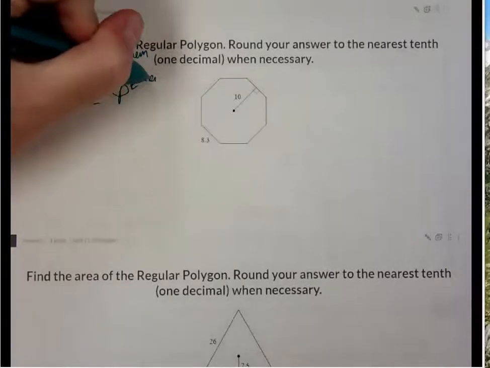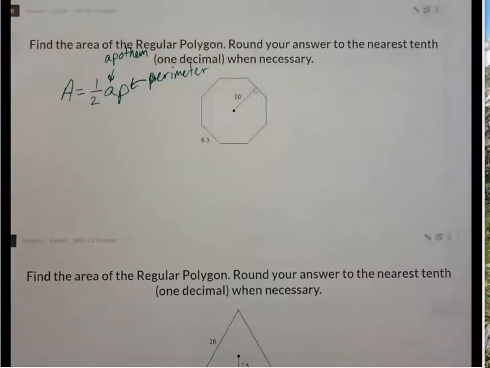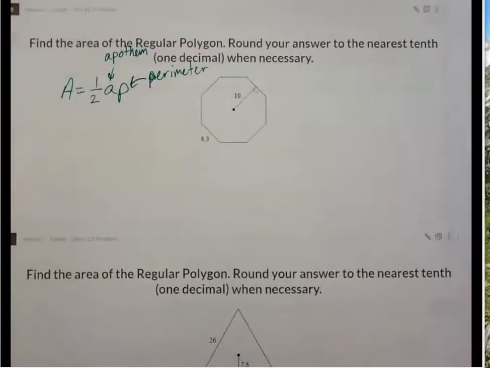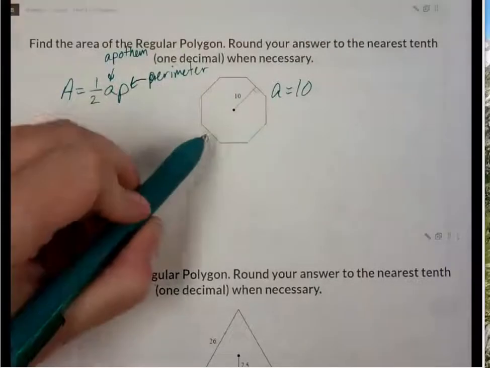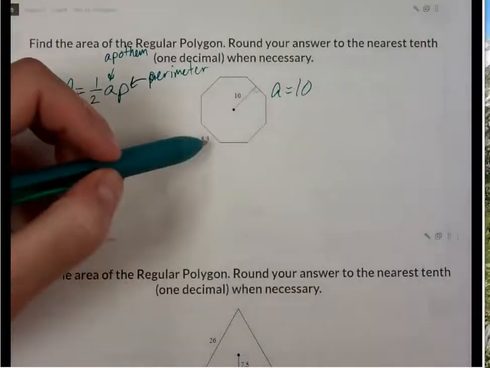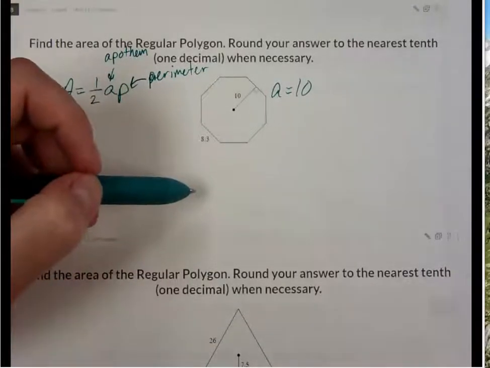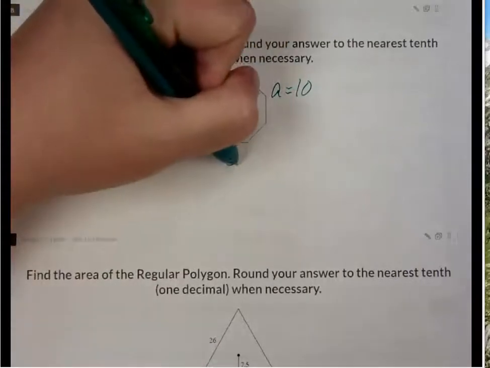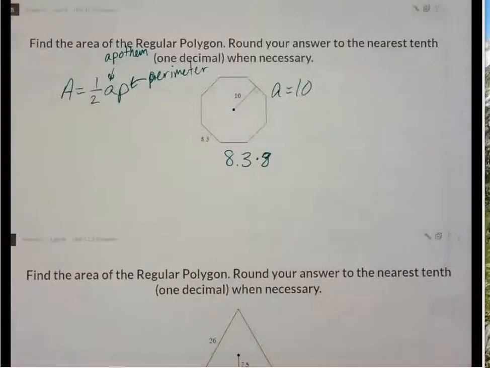And then P is the perimeter. So we're given the apothem, which is 10. The perimeter, we have to determine what that is. So we've got to figure out how many sides there are. This looks like a stop sign. There are 8 sides. So we want to take 8.3 and multiply it by 8 sides.